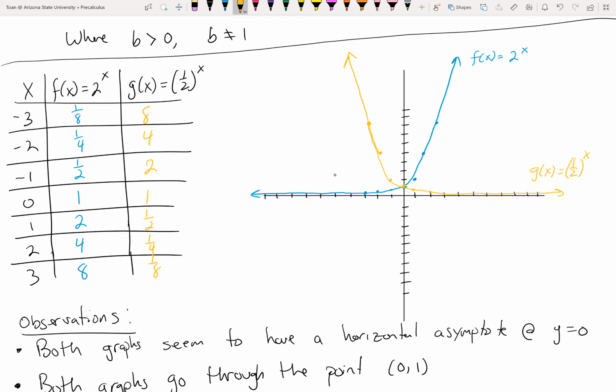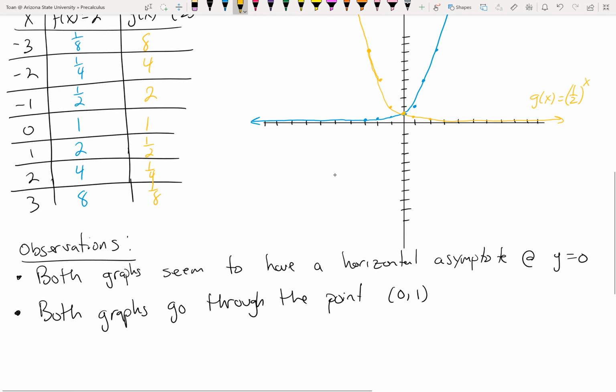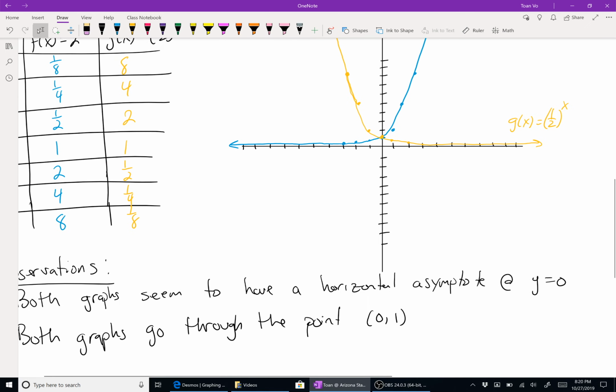The blue equation had a base 2, the yellow equation had a base 1/2, which is a relatively small number. It's a very natural question to ask, does that always happen? If your base is, quote, small, do you always shrink to the right? And when your base is, quote, big, do you always grow to the right?